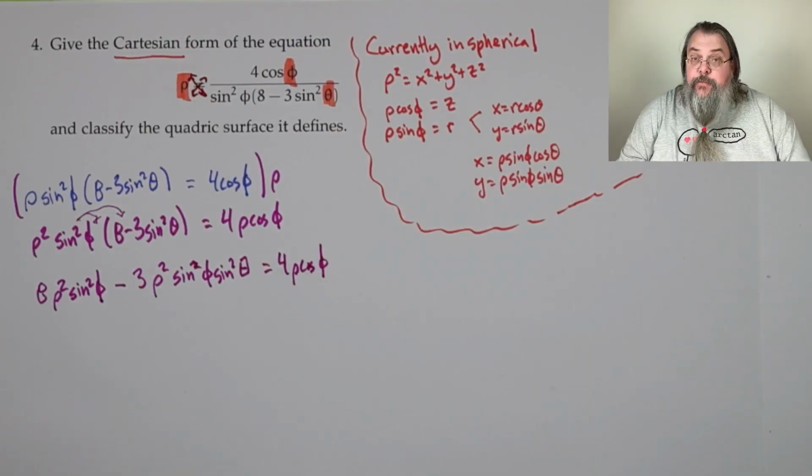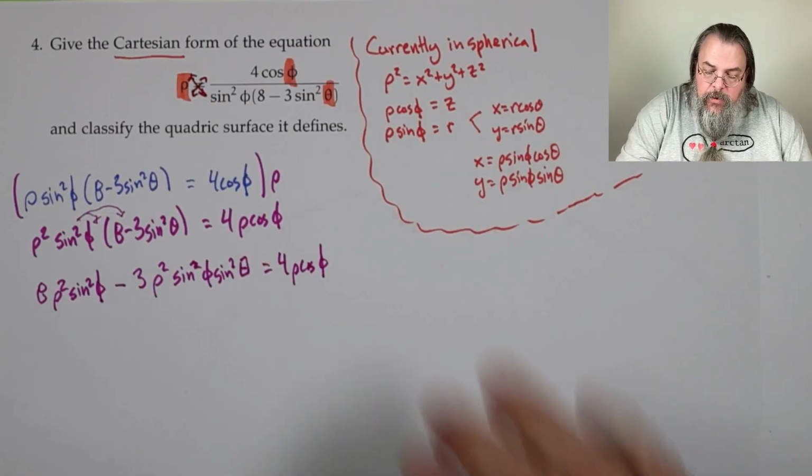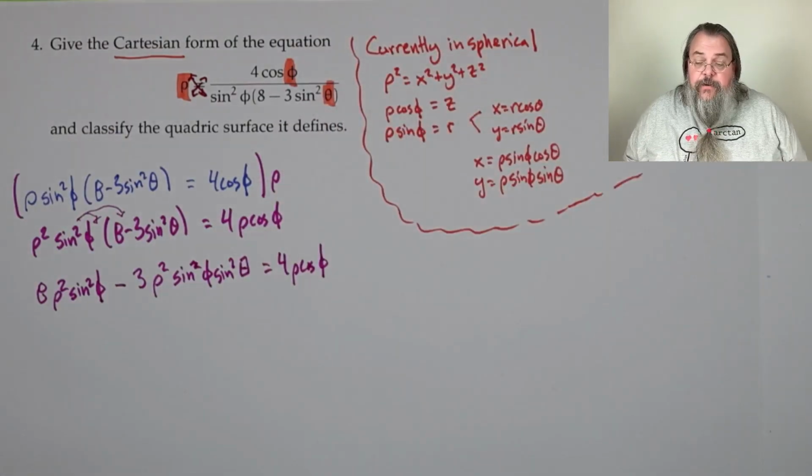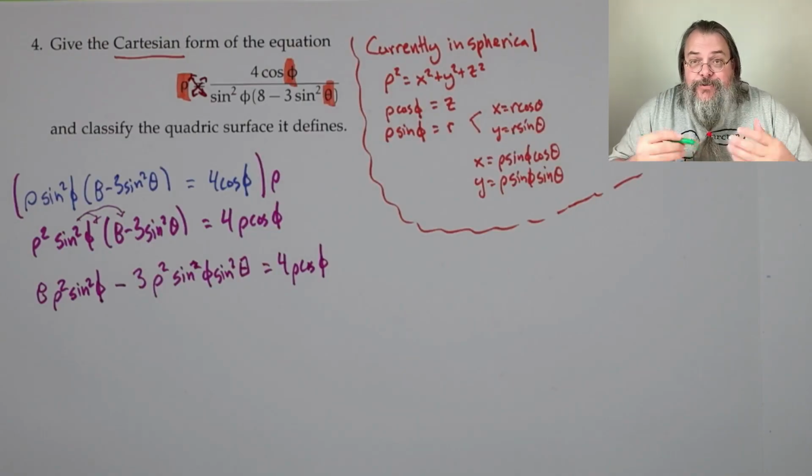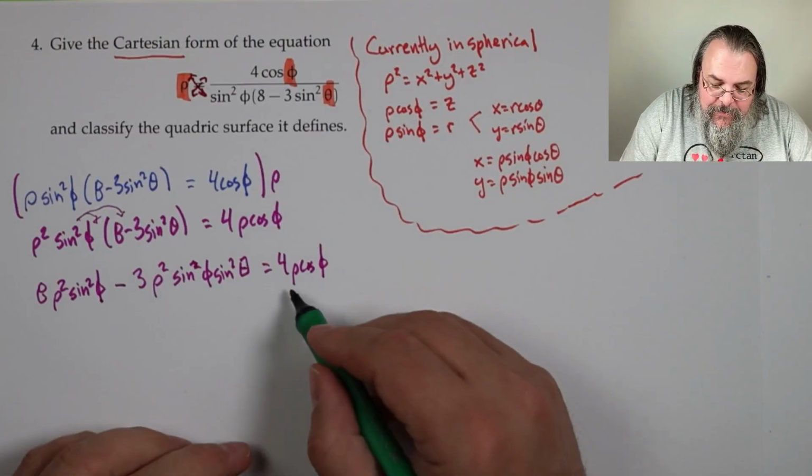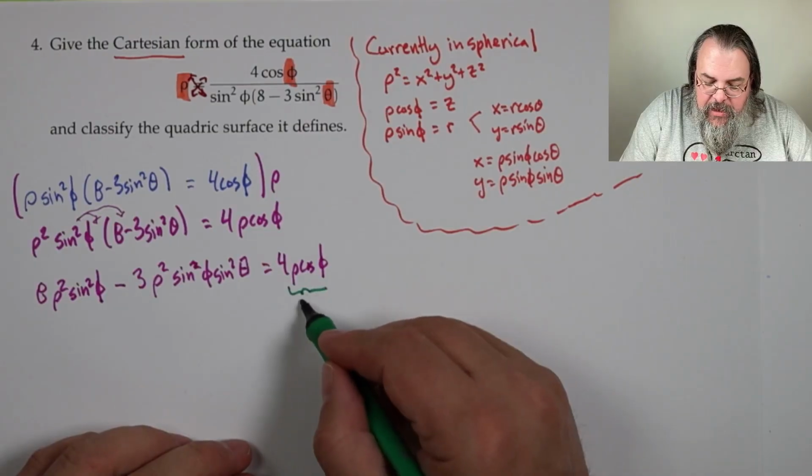And I think we can make progress now. Using what we've written down, let's see how far we can get. Now, we've already been talking about the rho cosine phi, so let's go ahead and just jump on that one. Rho cosine phi, that's going to become a z.